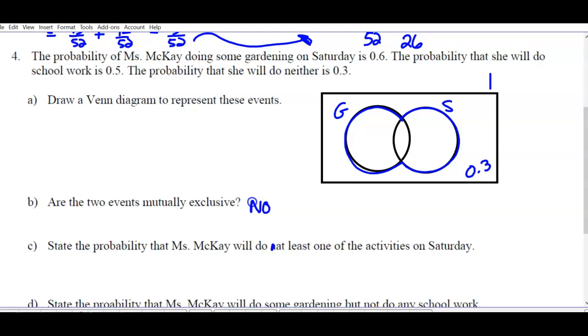So that means all of this. If the probability that I do neither of them is 0.3, then that means the probability that I will do at least one of them is 0.7. So it equals 1 minus 0.3.